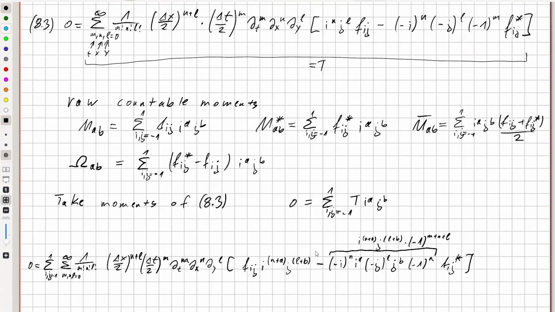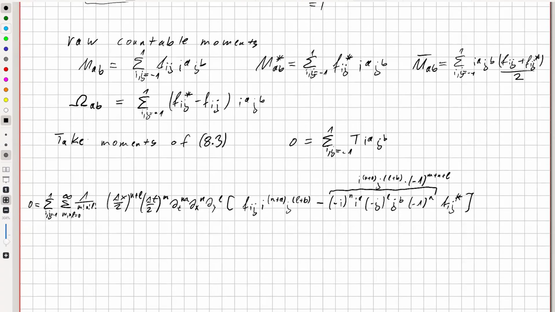So whenever we have a sum of these moments, they turn into M_ab overbar, and whenever we have a difference, they turn into this omega, right? So we can now rewrite this completely in terms of moments, and we call this equation now 8.4.